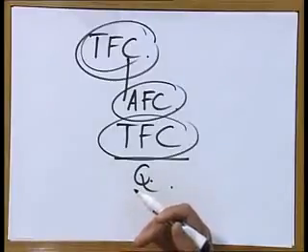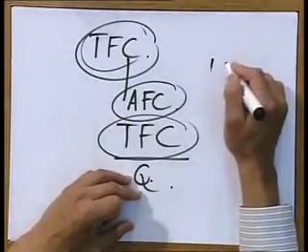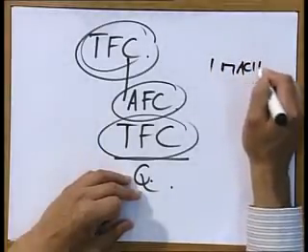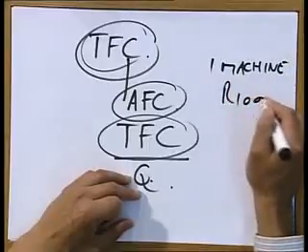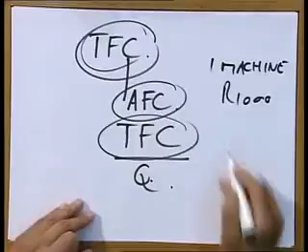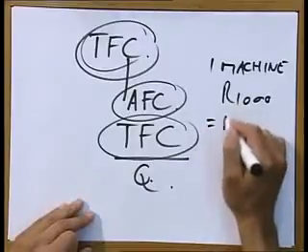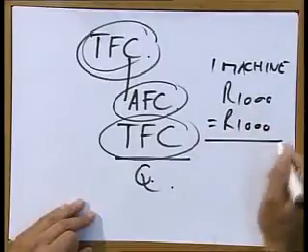Say, for example, you have one machine, and to rent that machine costs maybe 1,000 per month. That is your fixed cost. So in total, your fixed cost will be 1,000, and that will remain the same.